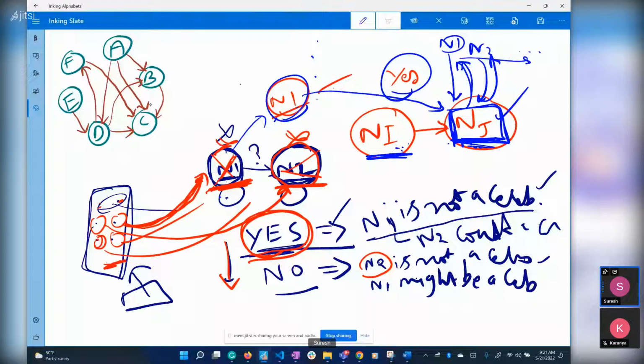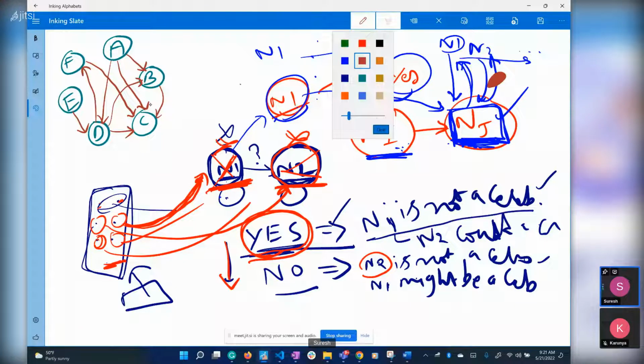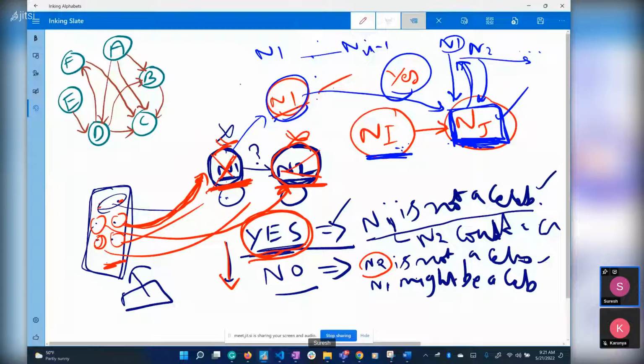Now we are deciding whether nj is a celebrity or not. But if any one of these conditions breaks, then immediately we will call that there is no celebrity in the algorithm. If we get yes for all these conditions, then we can simply announce that nj is a celebrity.